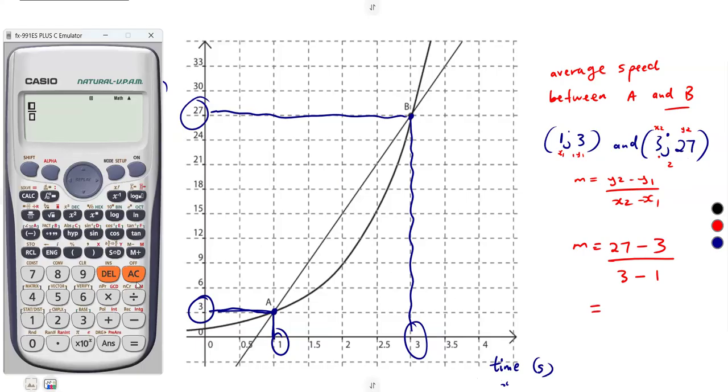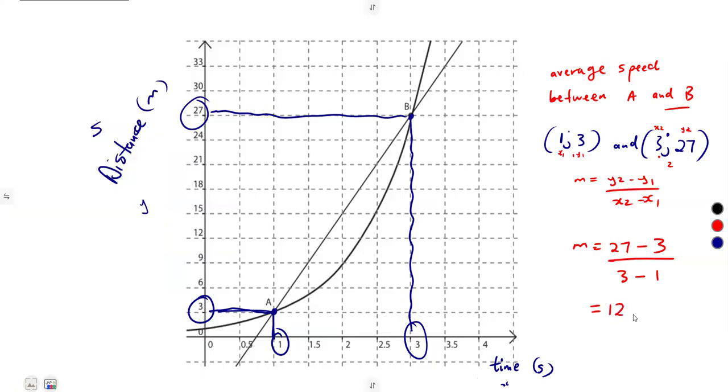That is going to give us the value of our average speed. If you are referring to the distance-time graph, it will be called average speed, in meters per second. So that gives us 12 meters per second. If it is gradient, let's say they said calculate the average gradient or the rate of change, and you are not given the units, you are not told this is distance, this is time, just write 12.